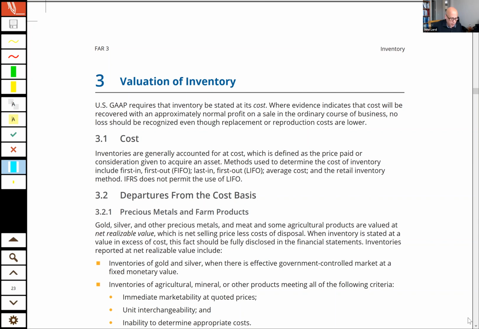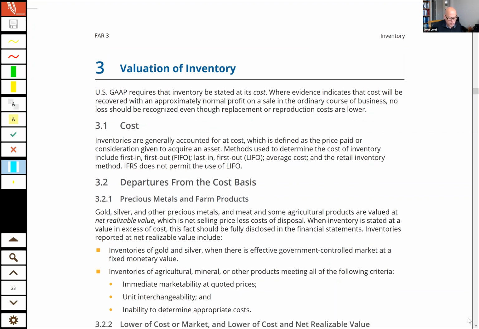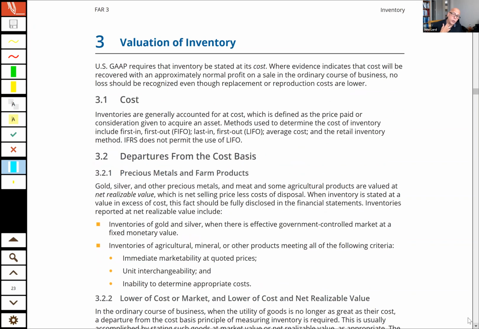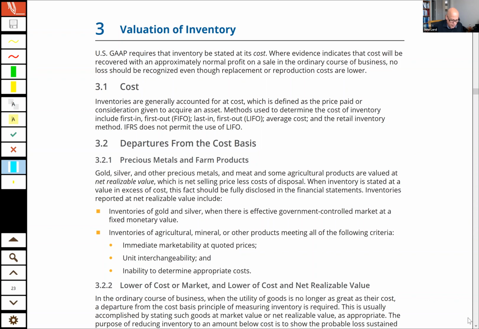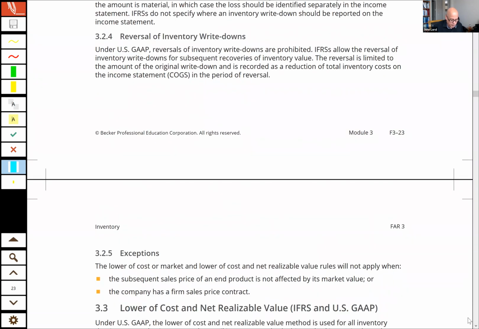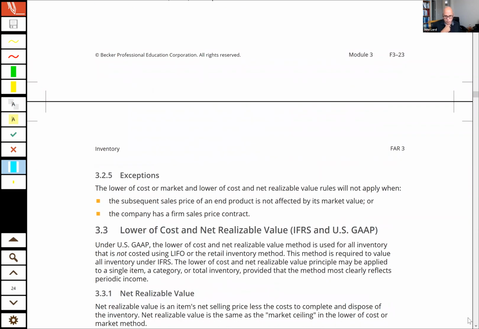And then we talked about inventory is typically carried at the lower of cost or market. However, there are times where we can carry inventory at above cost. When we talked about precious metals and whatnot, you can carry that inventory above cost. And then we talked about times where you can carry inventory at cost, even if the market is below. Remember, we made that list of three exceptions to the lower of cost or market rule.